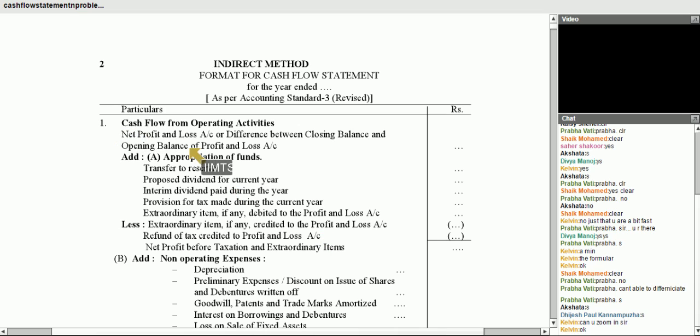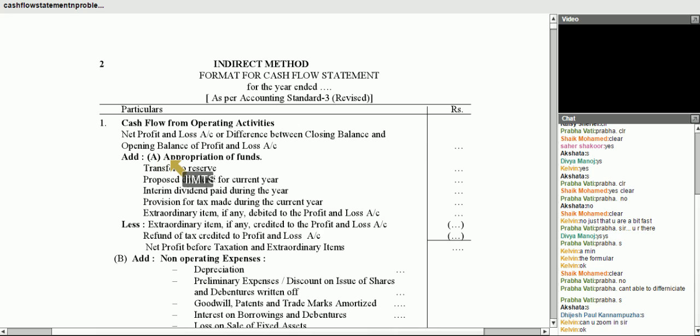Okay. So now you can clearly see that first comes cash flow from operating activities. So in this we have to insert the net profit and loss account, or the difference between the closing balance and opening balance of the profit and loss account.